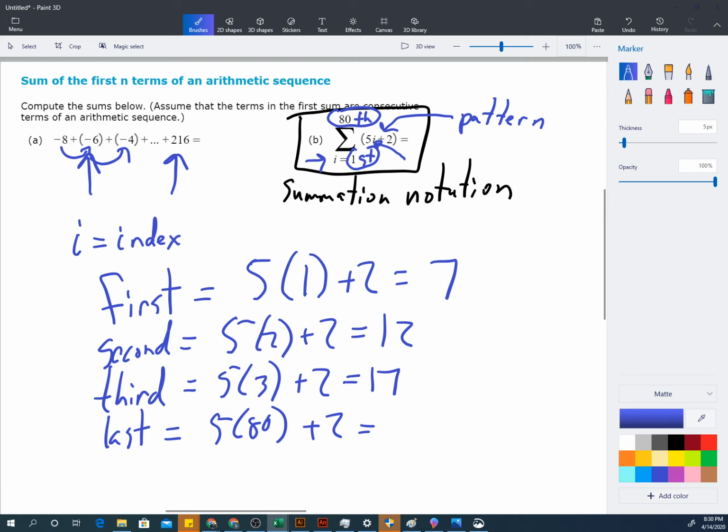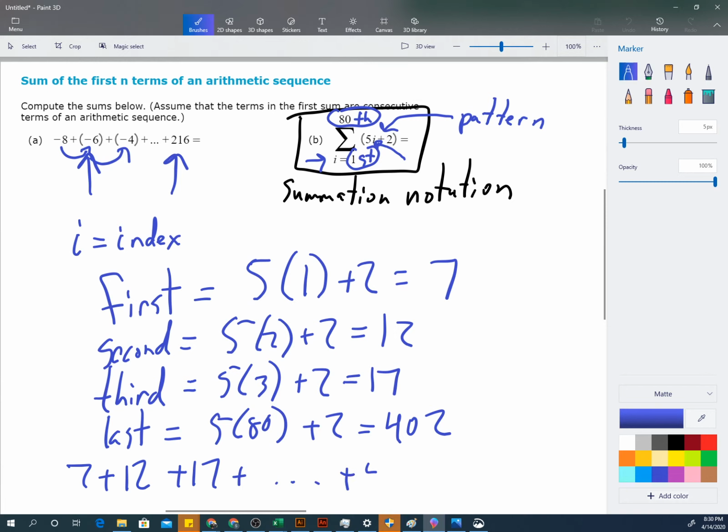So I'm over here in calculator just to double check that. $400, I should have known that. 400 plus 2 is 402. So this series would look like this. Plus ... plus 402.